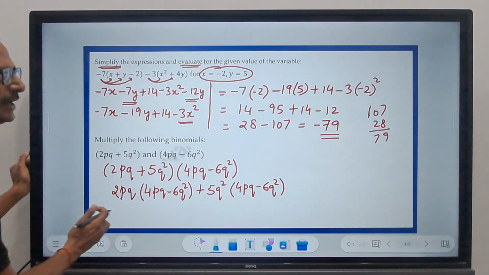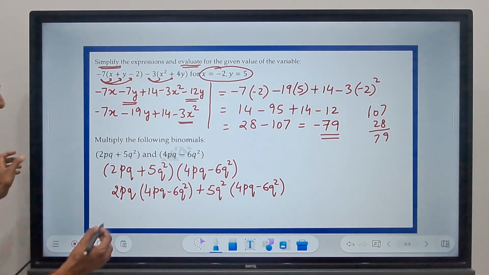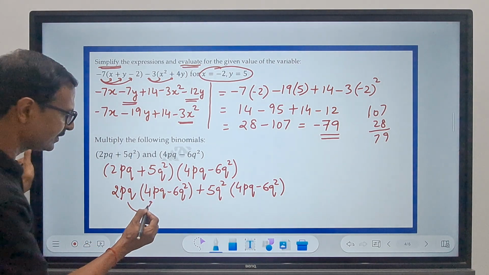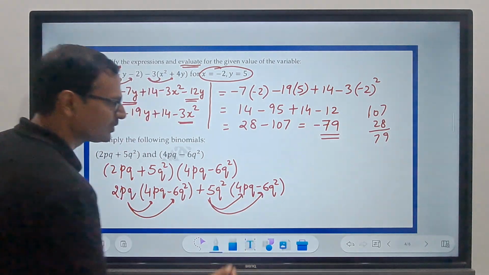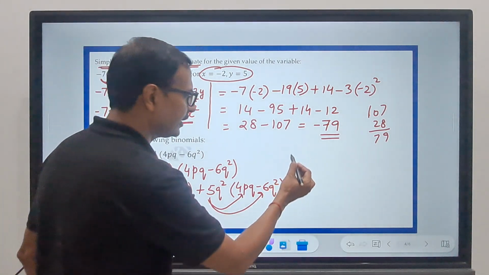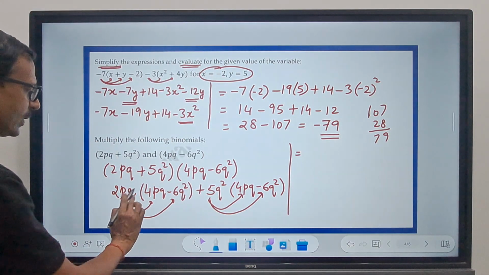And now this question becomes a question of monomial times a polynomial. So I have to do this, this, this, and this. So 4 terms. So let's write all the terms here. 2 4s are 8, p square, q square.